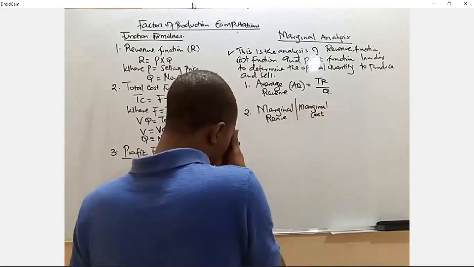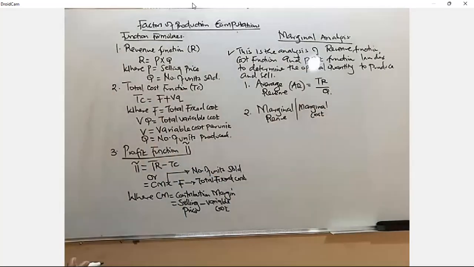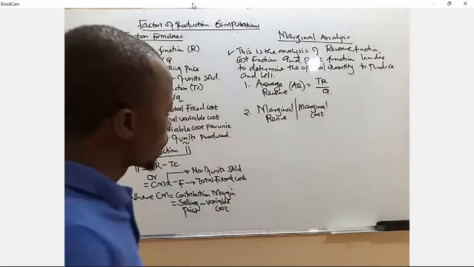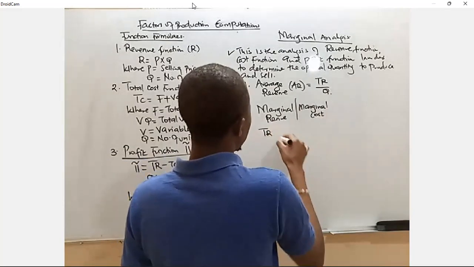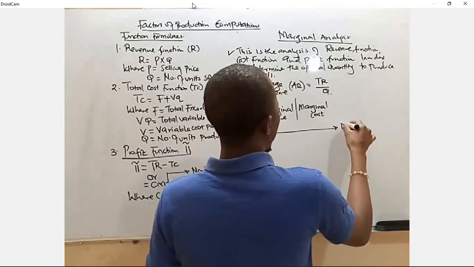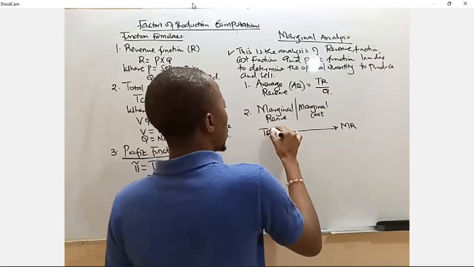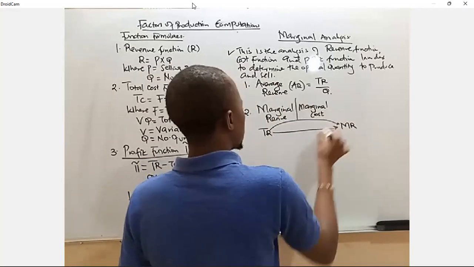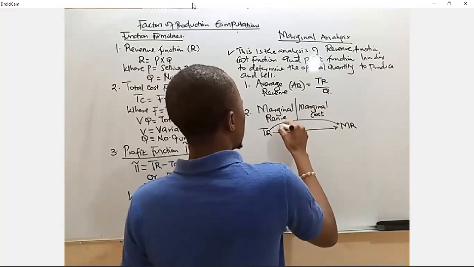Because we just want to introduce ourselves to calculus, if I've been given the total revenue and I need the marginal revenue, to go from one to the other we have to do something called differentiation.